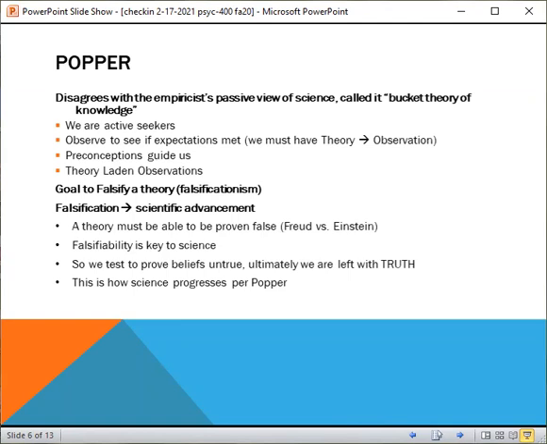Preconceptions guide us. And he also highlights this idea, which we'll see a little bit more in chapter 2 as well, that any observation you have will be theory laden. Theory laden. So I show someone a bunch of squiggly lines and they say, hey, that's just squiggly lines.